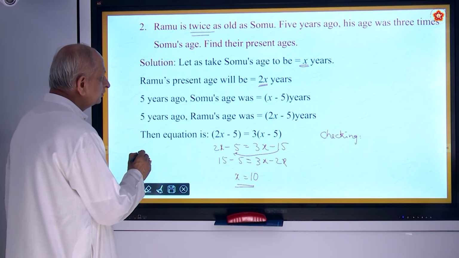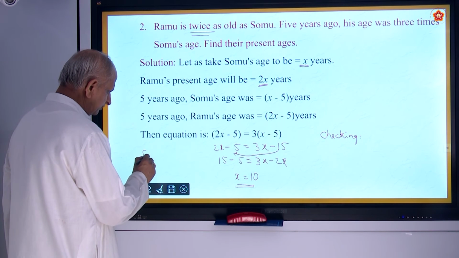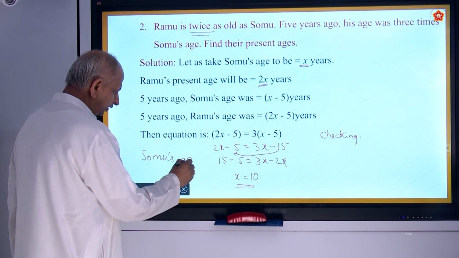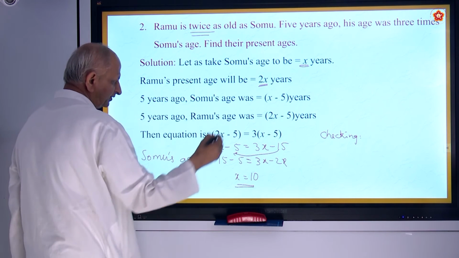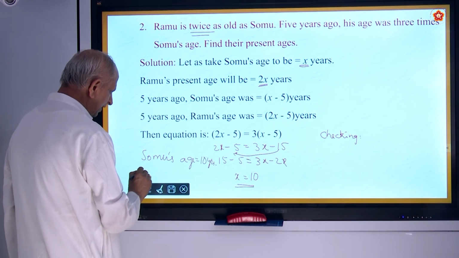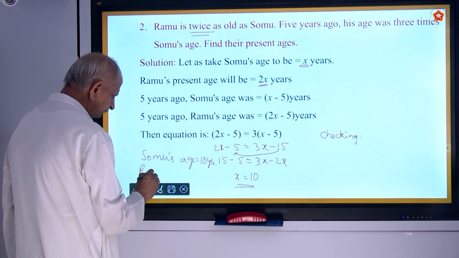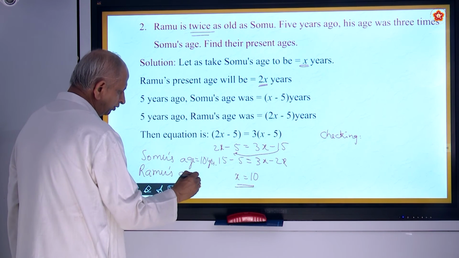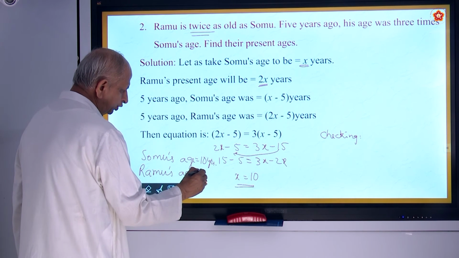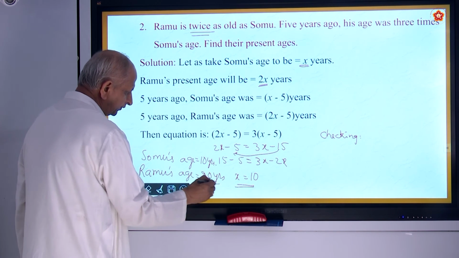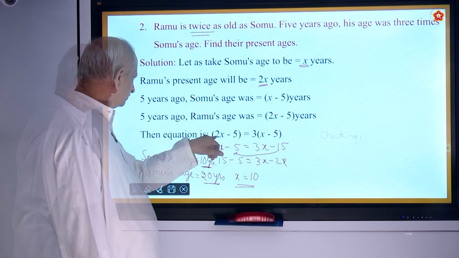Therefore, Somu's age is equal to, we have taken as x, right? 10 years. And what about Ramu? Ramu's age is equal to 2x. 2 into 10, how much? 20.